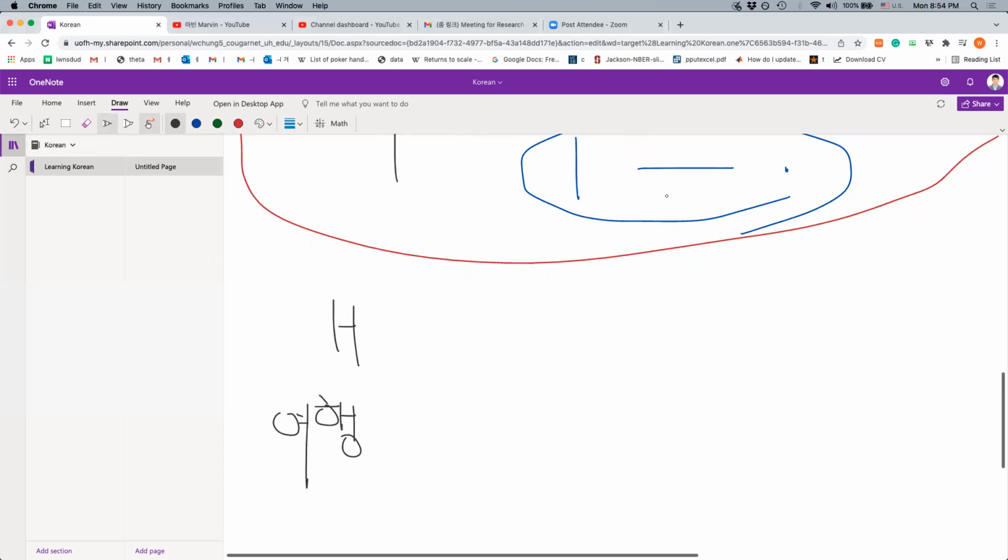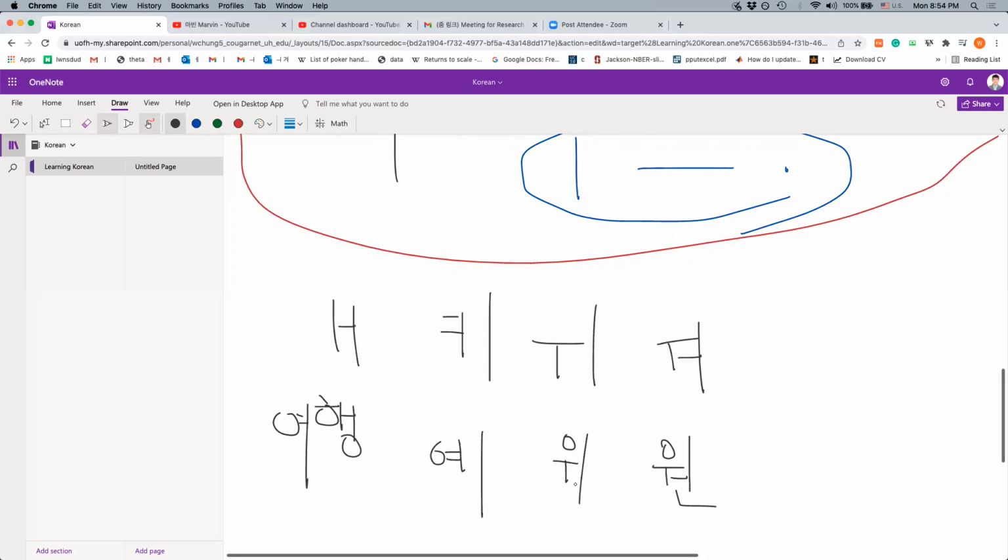Something like 예, which means example, and something like 위, 워, 원, or 귀, which means ear, and some other letters.